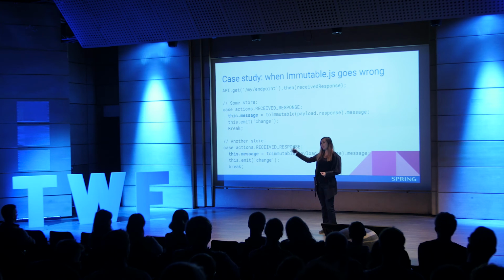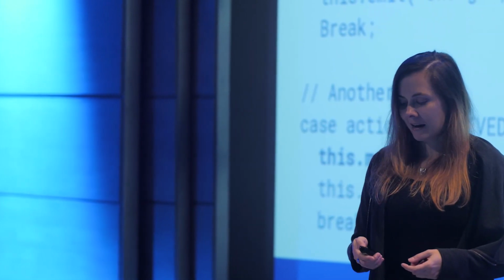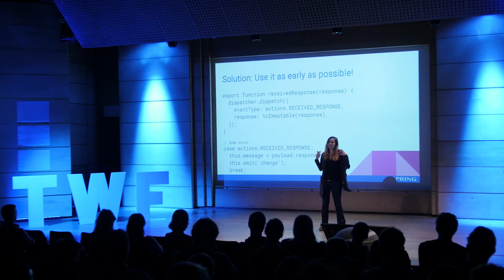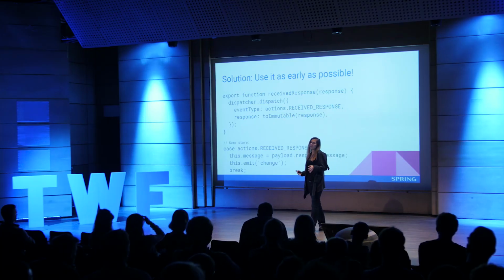What if some other store read the data first and mutated the payload data, and you are between the calls in those two different stores? You are all of a sudden creating an immutable object out of different versions of the same mutable data. To prevent that, the lesson learned is create immutable objects as soon as you can.